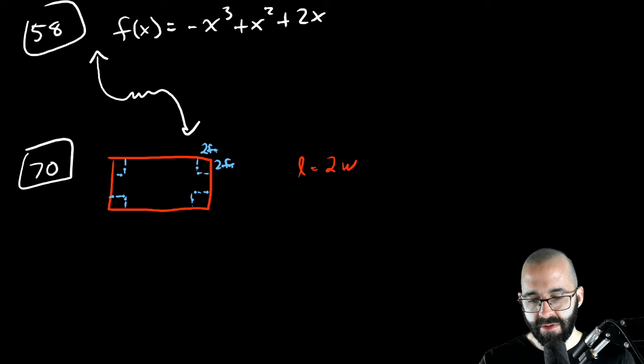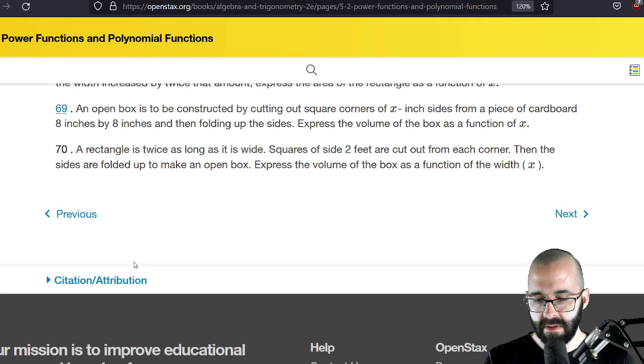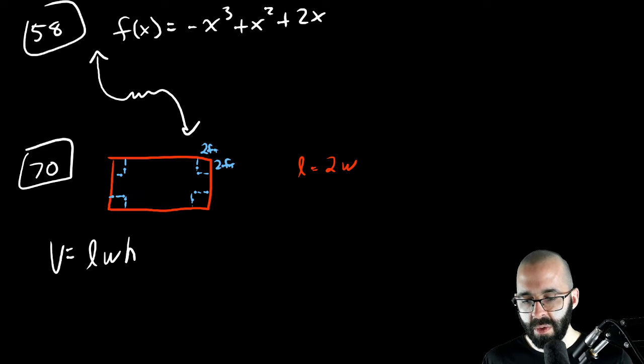Express the volume as a function of the width. Okay? So the volume of any box is going to be the length times the width times the height. And let's call the width x. So this whole distance, this whole width is x, which means the length is twice that. That's 2x.